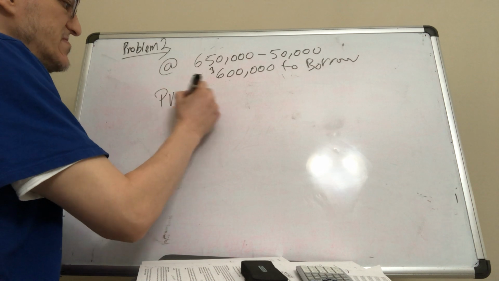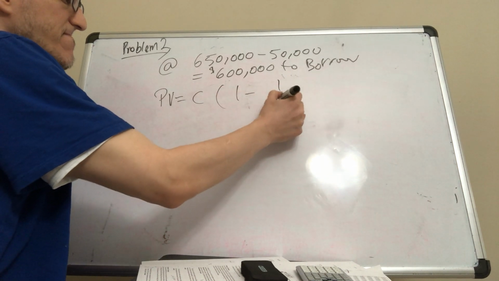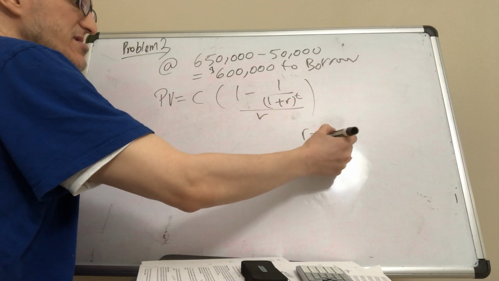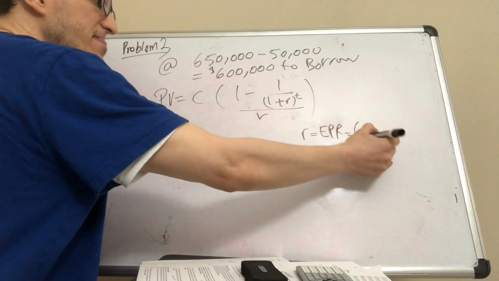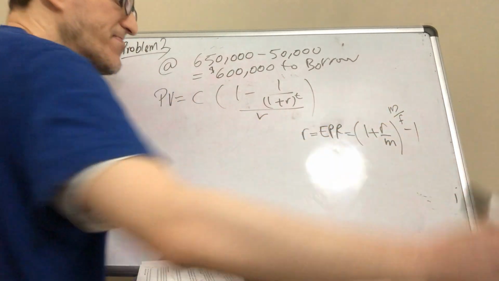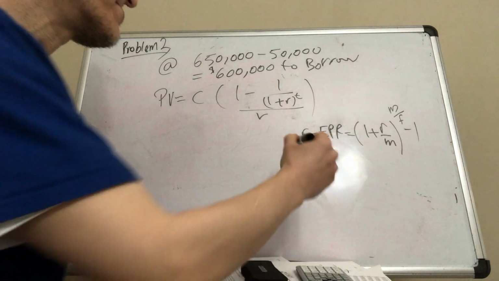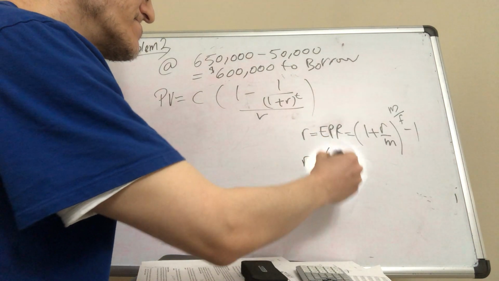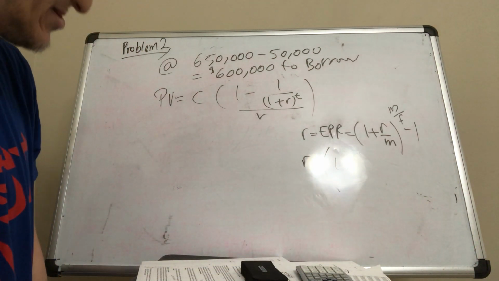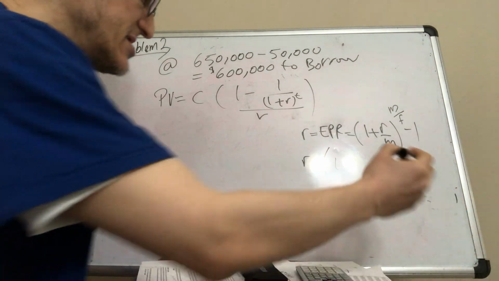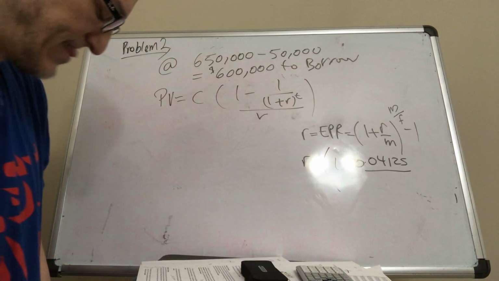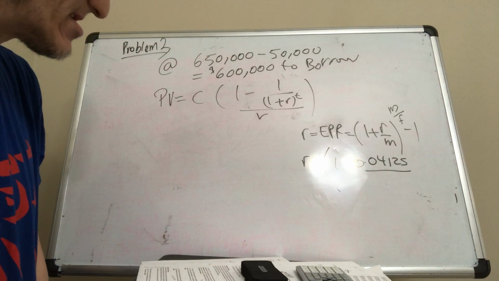So we're going to use PVC over R. R is always EPR, minus 1. The rate in the question is 4.125, so 0.04125.